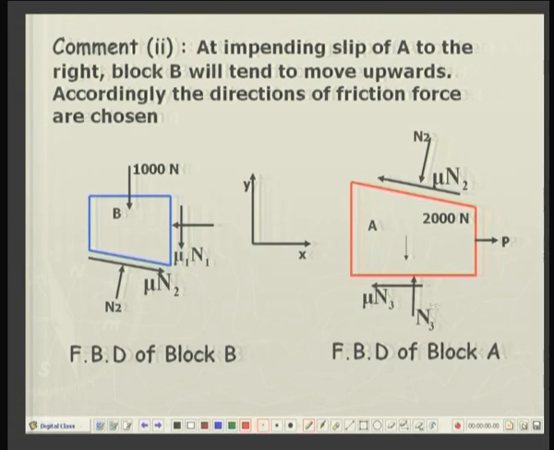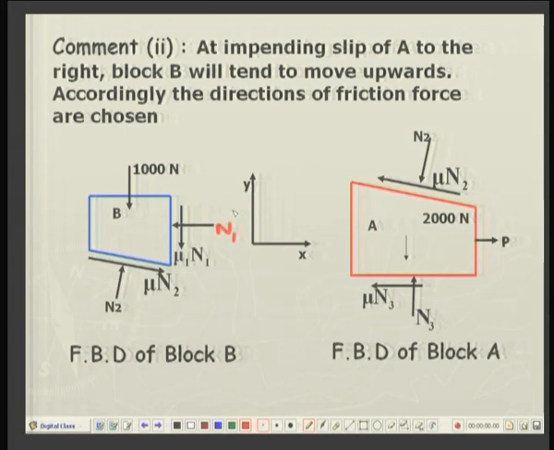N3 is the reaction from the floor to the block. At the impending slip, the force of friction will be mu times N3, and finally, on this surface against the rod C, since block B is moving up, the force of friction will be downward, and let us say the normal reaction is N1.